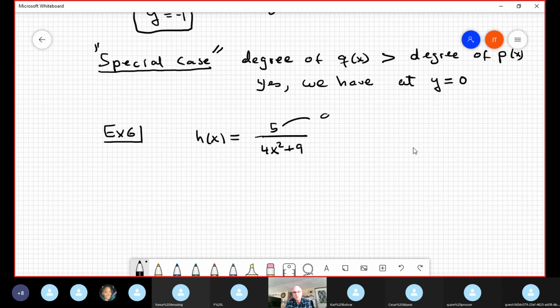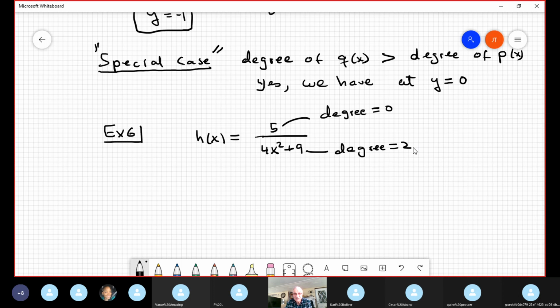Well, the degree of this is 0 because it's a constant, no x. The exponent is 0. You suppose it's x to the 0, invisible, of course, which is 1. And the degree of this is 2. It satisfies perfectly the condition for the special case. Yes, we have one. What is the reason?